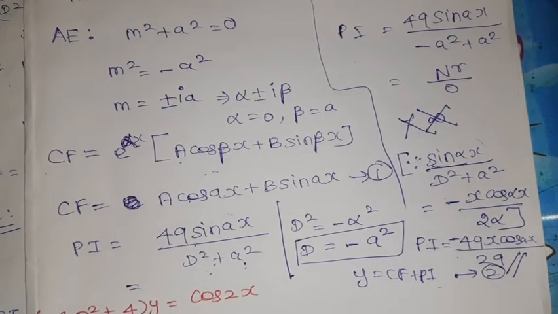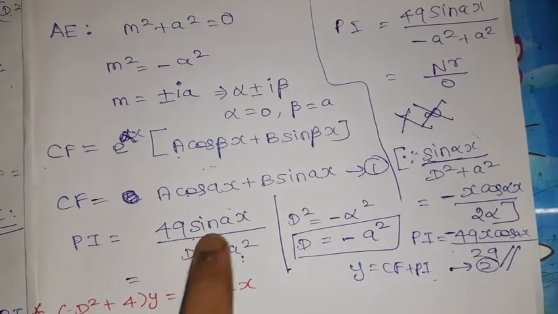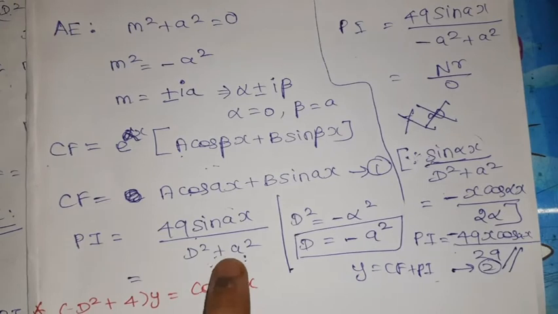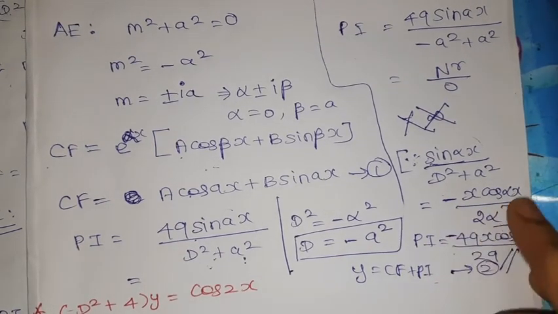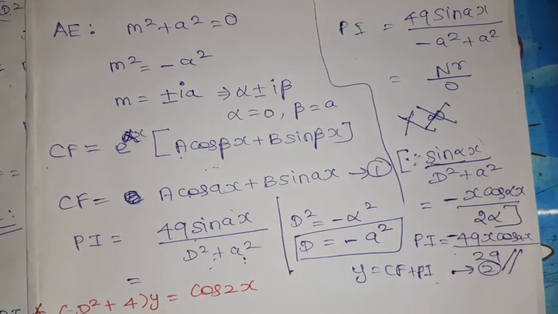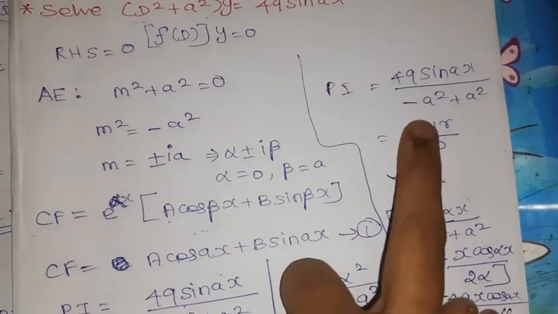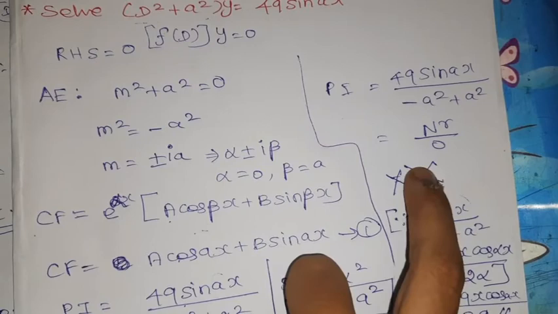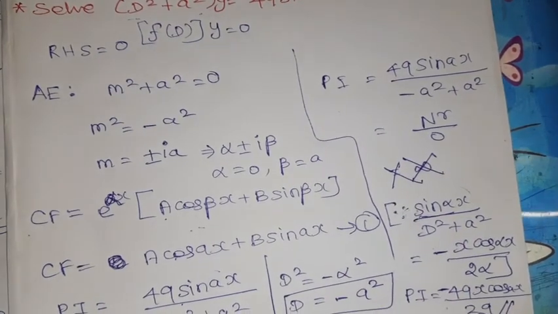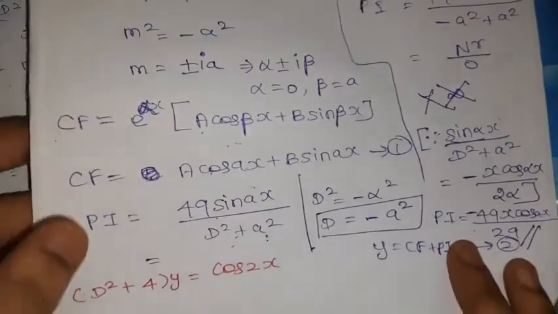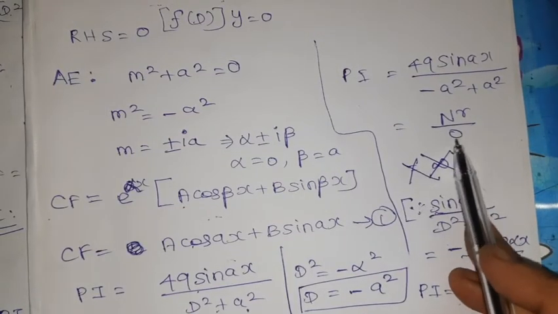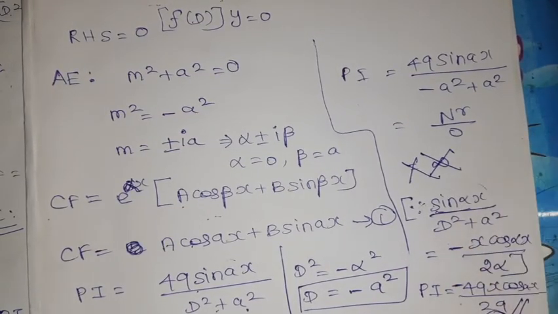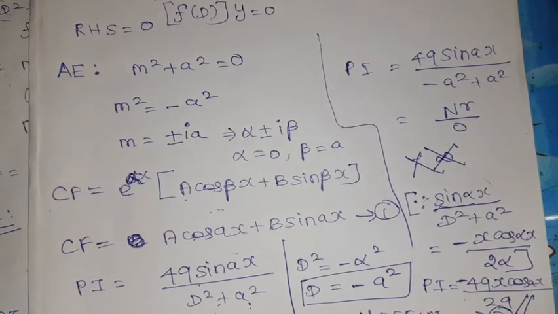If it is in this form, we need not solve further. If it is sin alpha x divided by d squared plus alpha squared, we substitute minus x cos alpha x divided by 2 alpha. If we forget this, whenever the denominator is 0, anything divided by 0 gives infinity, which should not be.